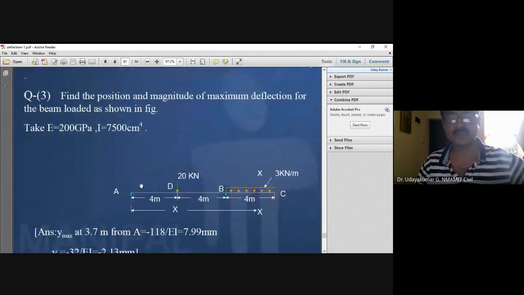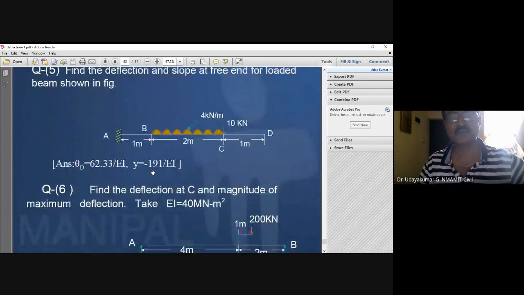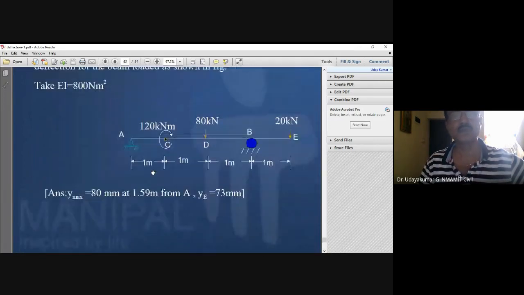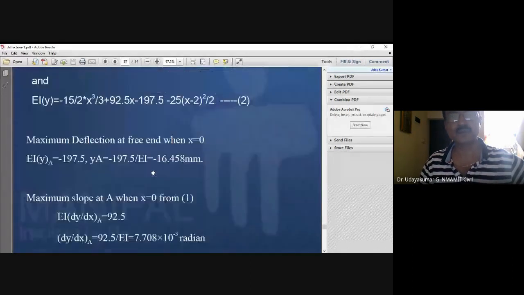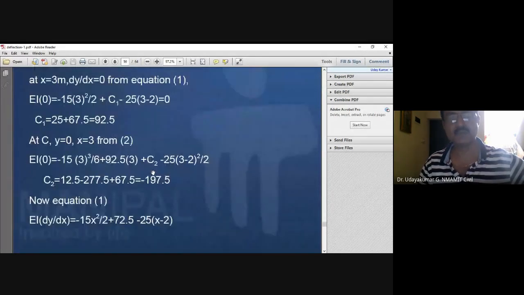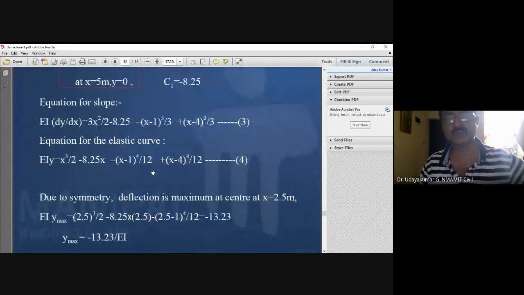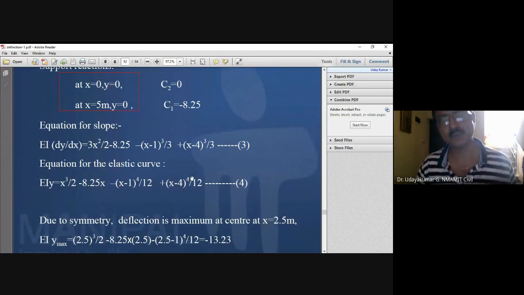Some problems like that are given, not necessary. Okay, these are the deflection problems. Macaulay's method is applicable when the beam is subjected to several loads, point loads, continuous loads, and UDL acting for only a portion of the beam, that is partial loading.